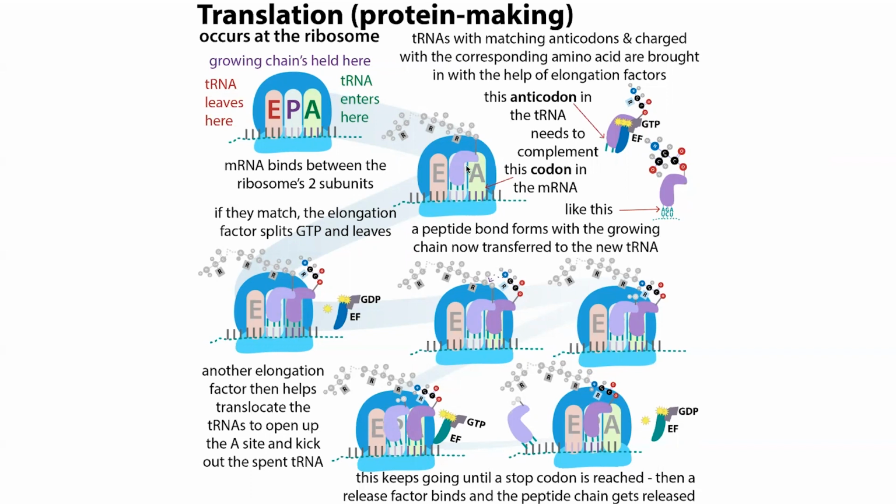You're going to get transfer of the chain from the P site to the A site. Then everything's going to shift over with the help of these elongation factors. You get to the end, a release factor comes in and helps release things. So that's what is going to happen in this process of translation, and this is how we typically think about it and draw it and sketch it out.